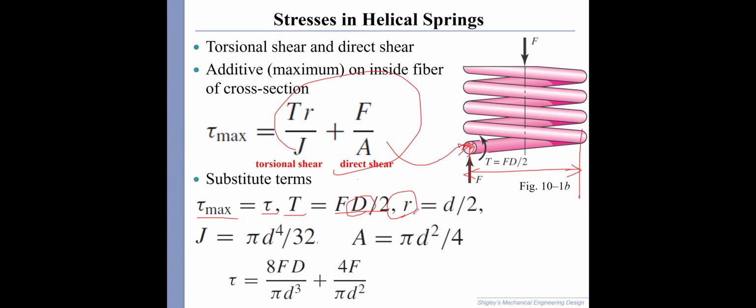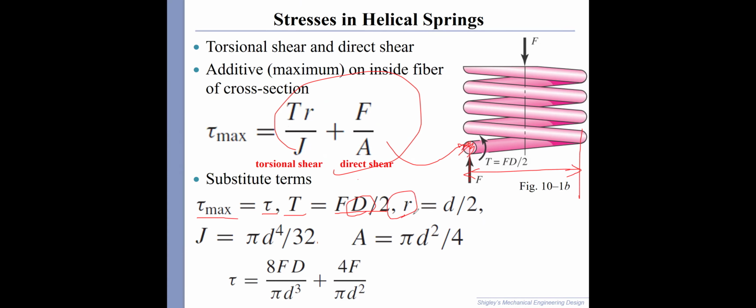Therefore, we get the maximum shear stress. We can just plug in the torque, the radius, J and A, so we get the shear stress located anywhere at the cross section. Then we can factor out the torsional stress.